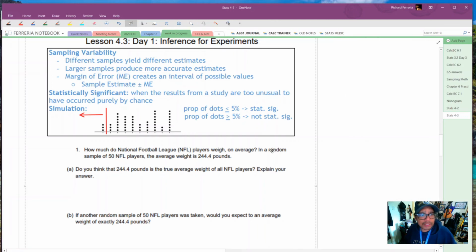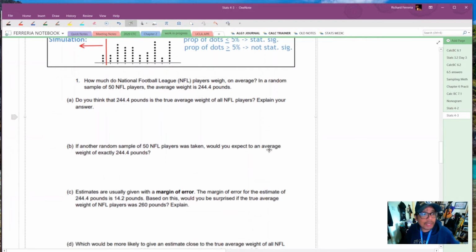Let's take a look at these questions down here for the check your understanding. How much do National Football League players weigh on average? In a random sample of 50 NFL players, the average weight is 244.4 pounds. Do you think that 244 pounds is the true average weight for all NFL players? Explain.